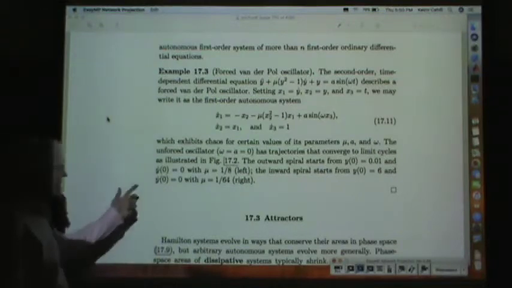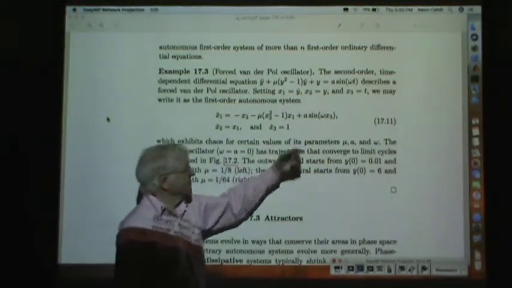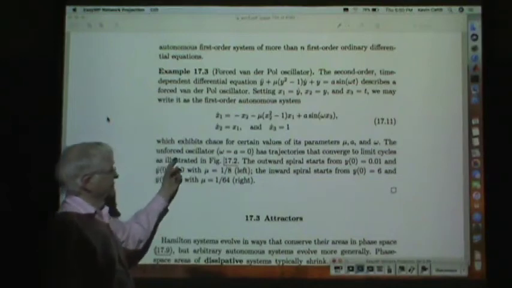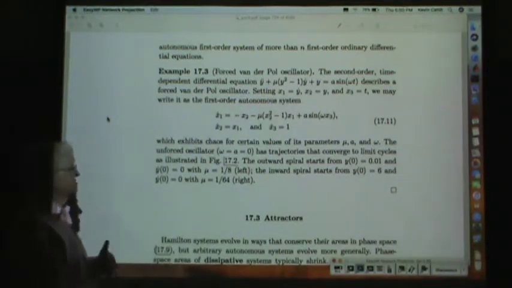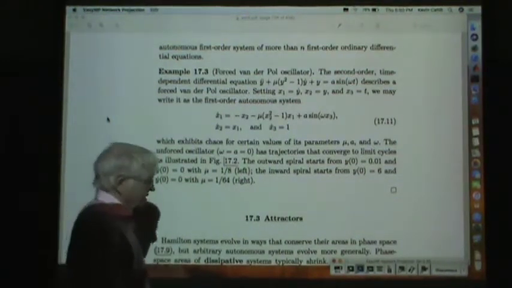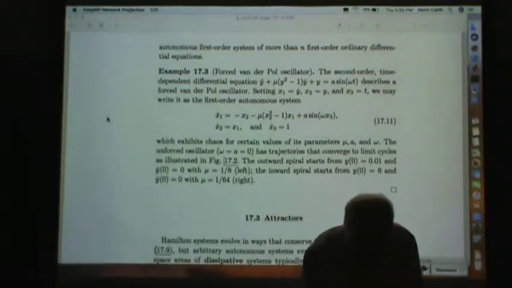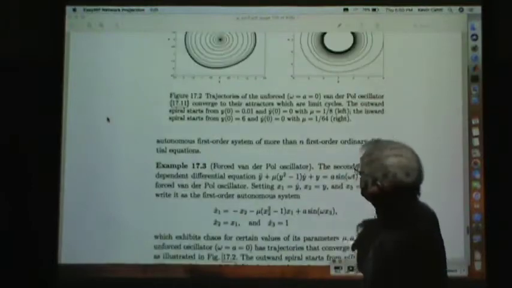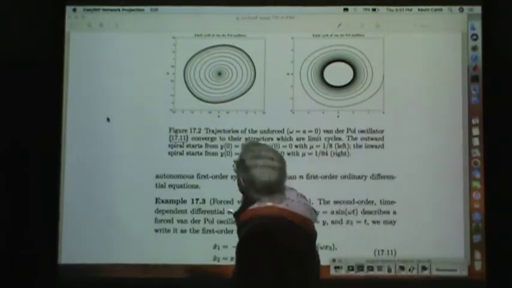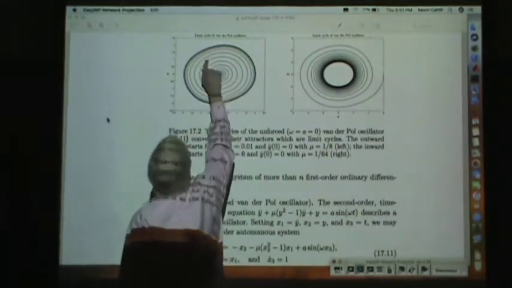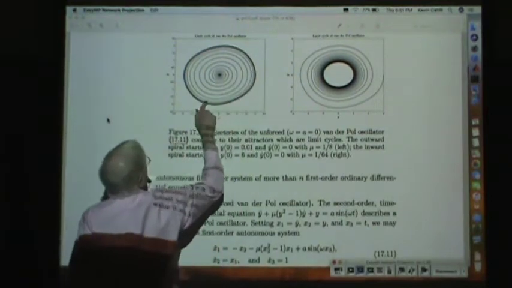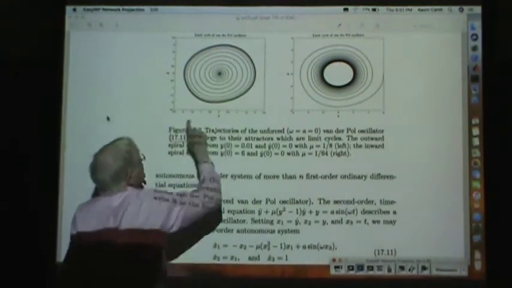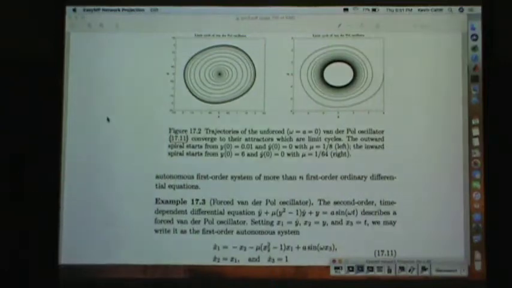The unforced oscillator, when you set this term equal to 0, has trajectories that converge to limit cycles, as shown in the figure. What's going on with this limit cycle is we're starting out at the origin, and it goes out, but then as time goes to infinity, it just describes that oval.